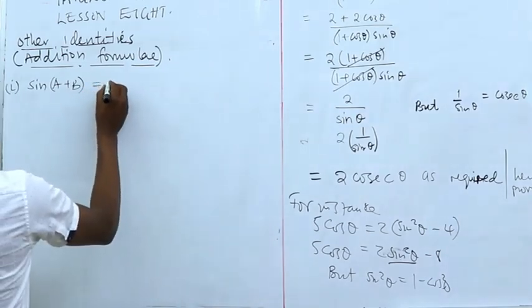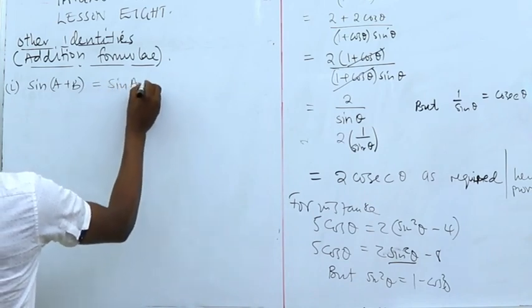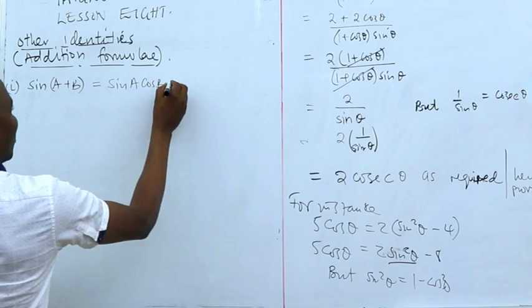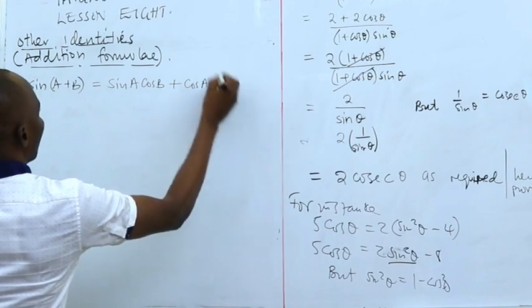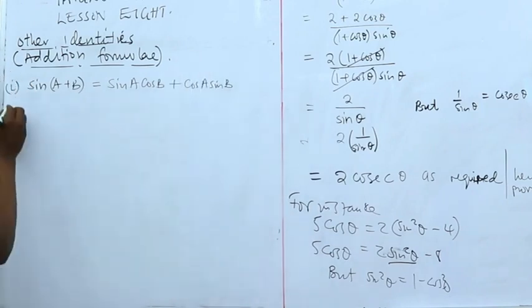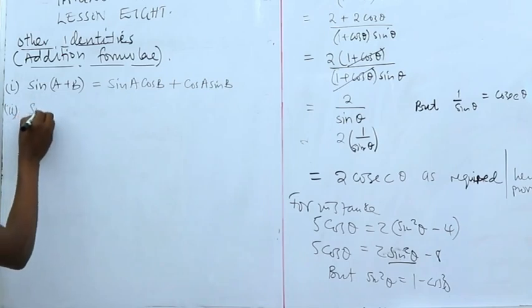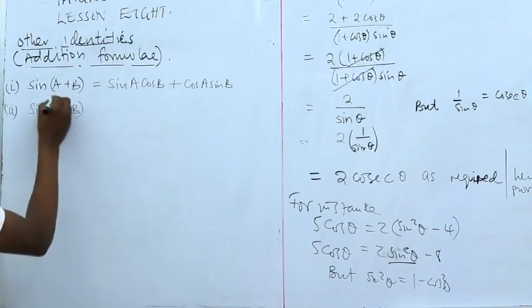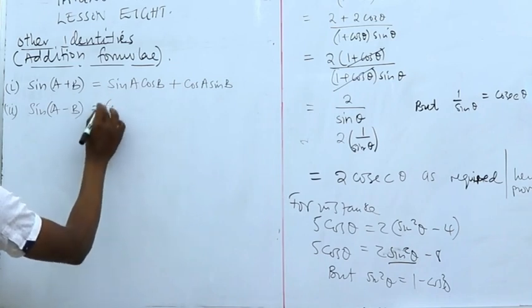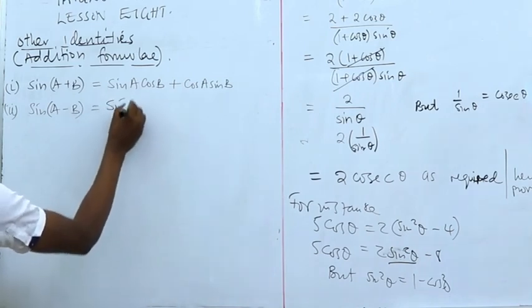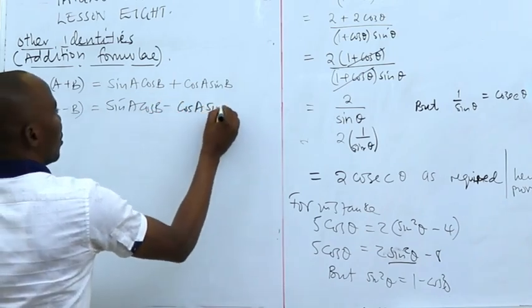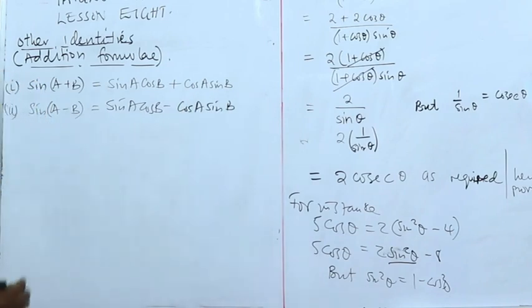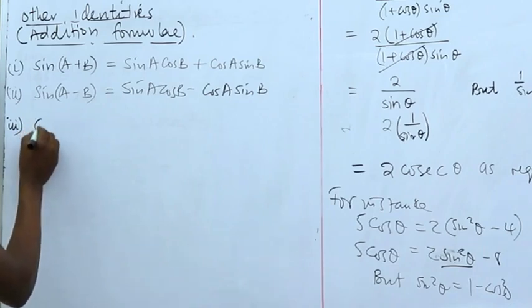Sine of A plus B is sine A cos B plus cos A sine B. If it is subtraction, we have sine of A minus B. This one is going to be sine A cos B minus cos A sine B. Now, there comes in cos.